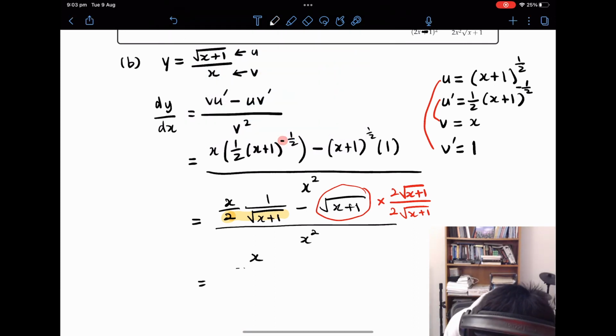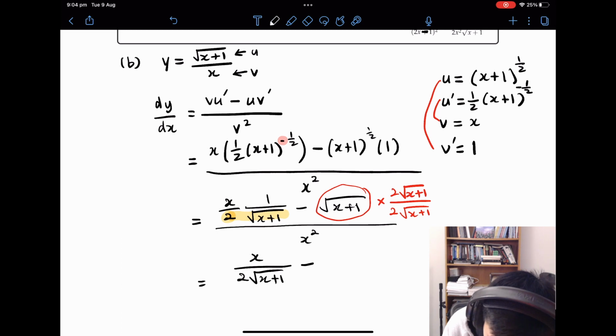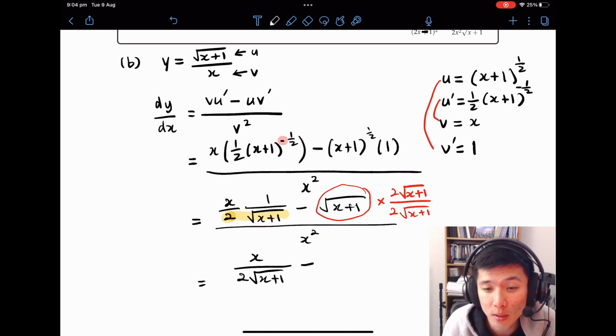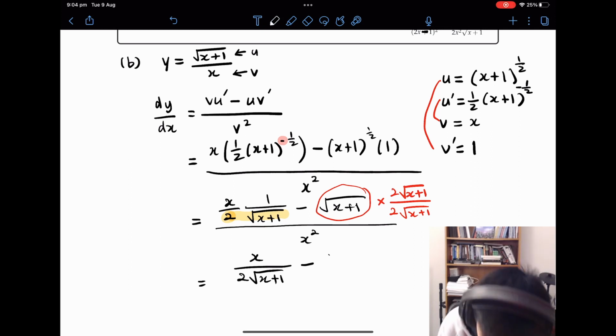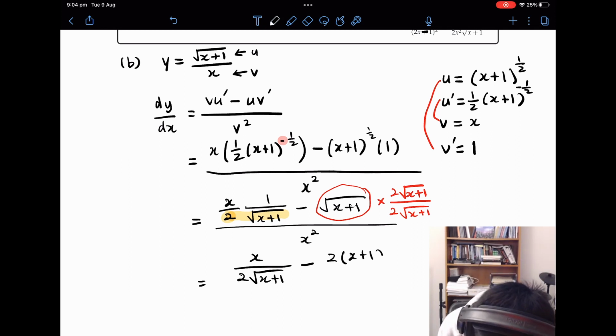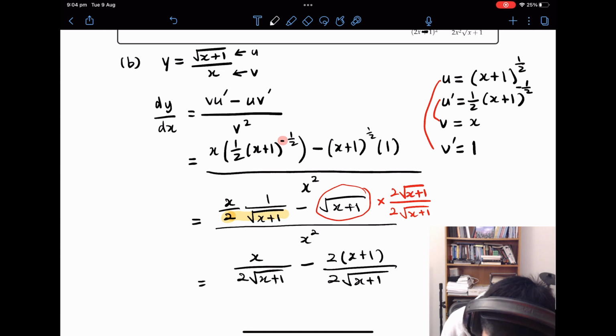So we get x over 2 root x + 1 minus, now if we take root x + 1 and multiply it by root x + 1, we multiply by itself, the square roots cancel. And so we get 2(x + 1) on the top divided by 2 root x + 1.